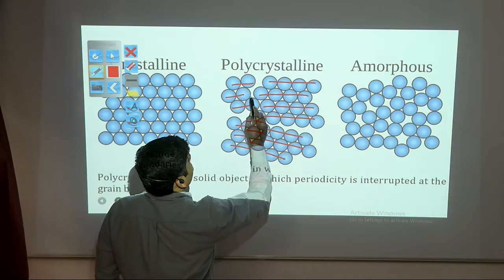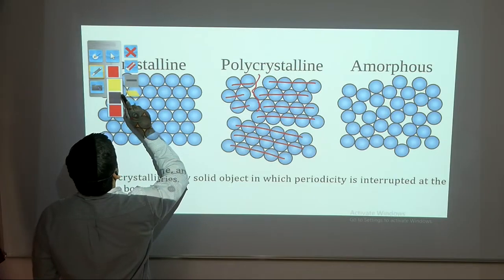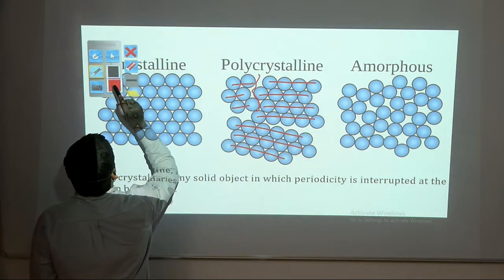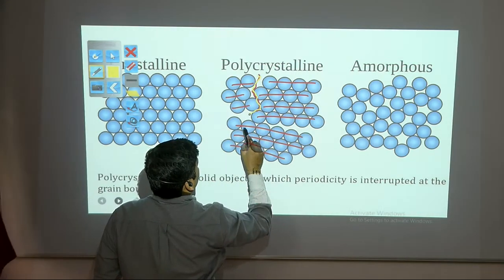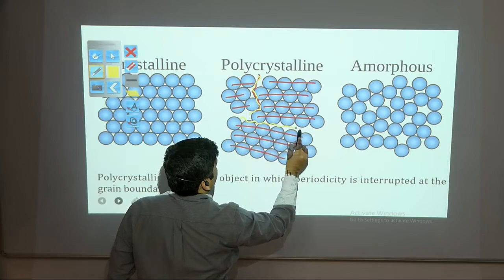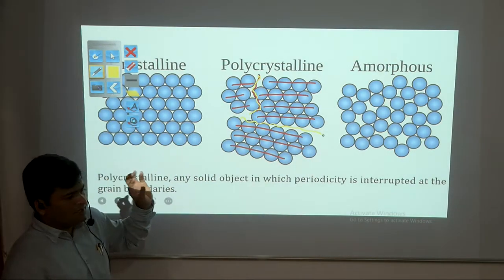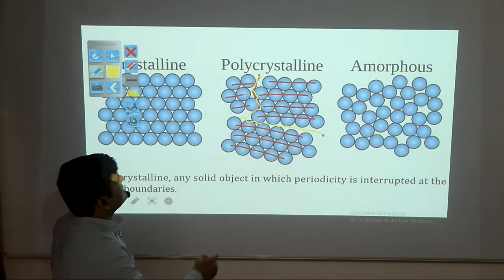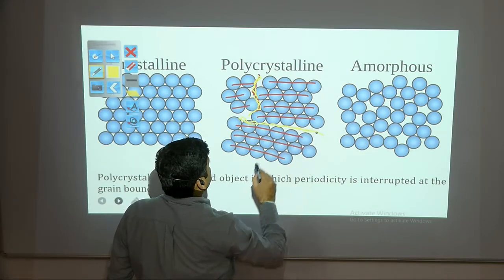But when we come to this region, what we can clearly see is that the regularity of the arrangement of atoms has been interrupted. So what does it mean? This region is called a grain boundary.